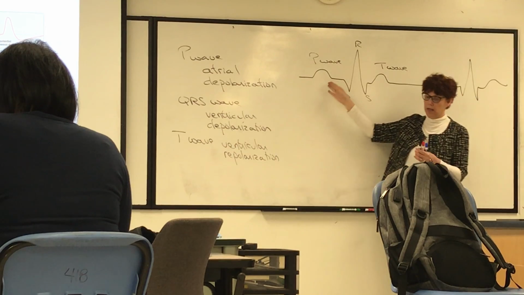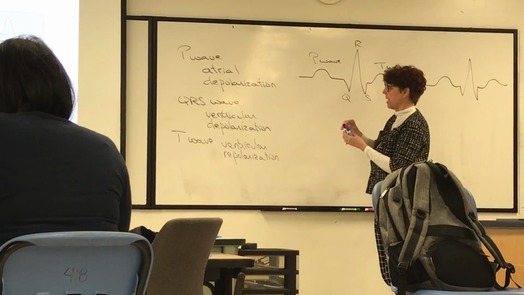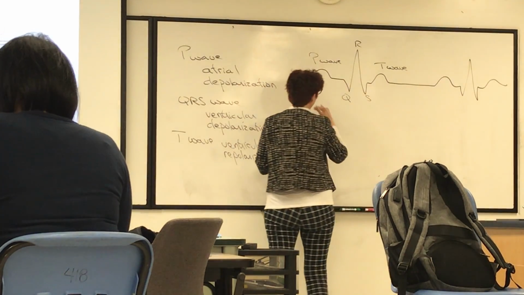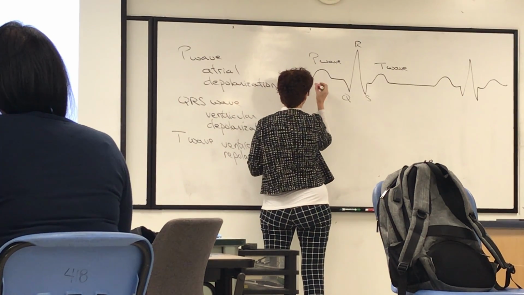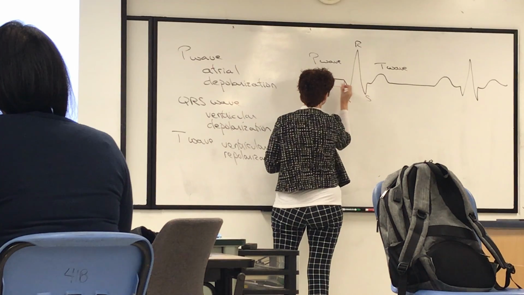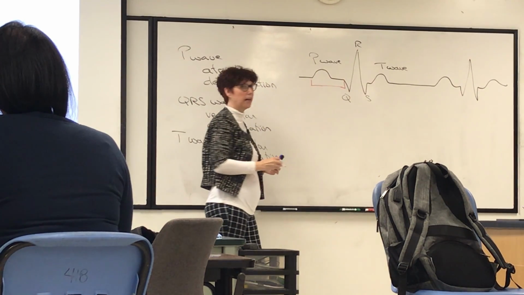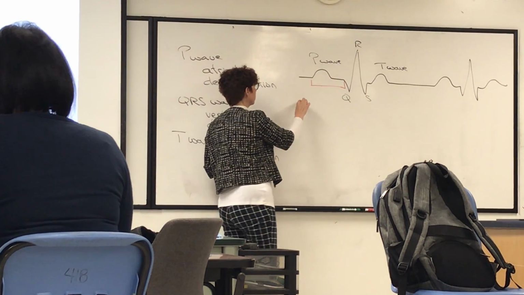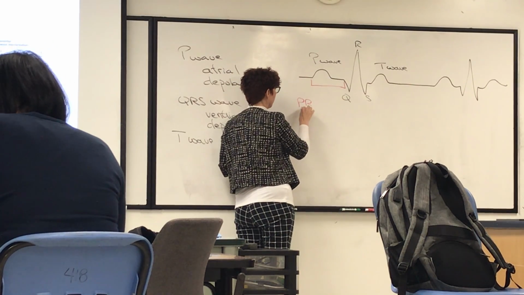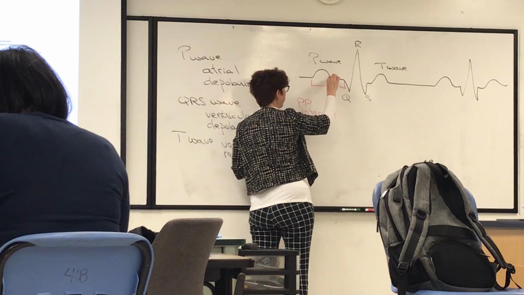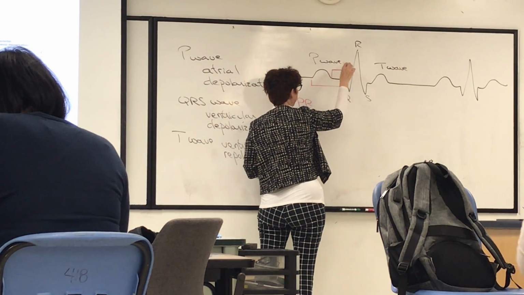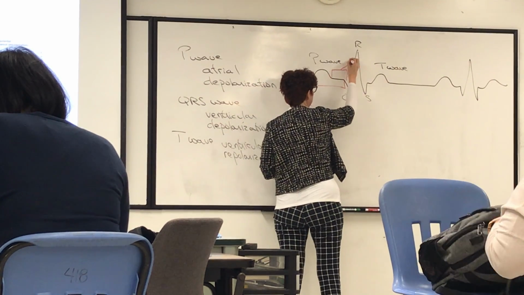So this is called the PQ, or actually it's called the PR, but it starts here. So if we go from P wave to here, even though the R is up there, that's called the PR interval. And from here to here is often called the PR or PQ segment.